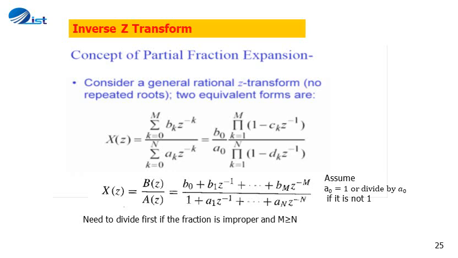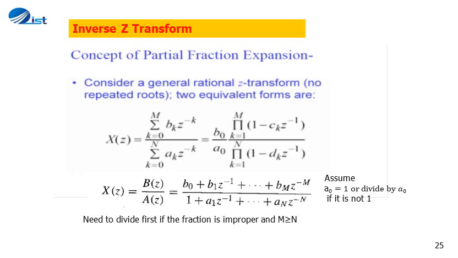In order to find the partial fraction expansion, we will take the form of the Z transform in terms of polynomials of degree m in the numerator and degree n in the denominator.